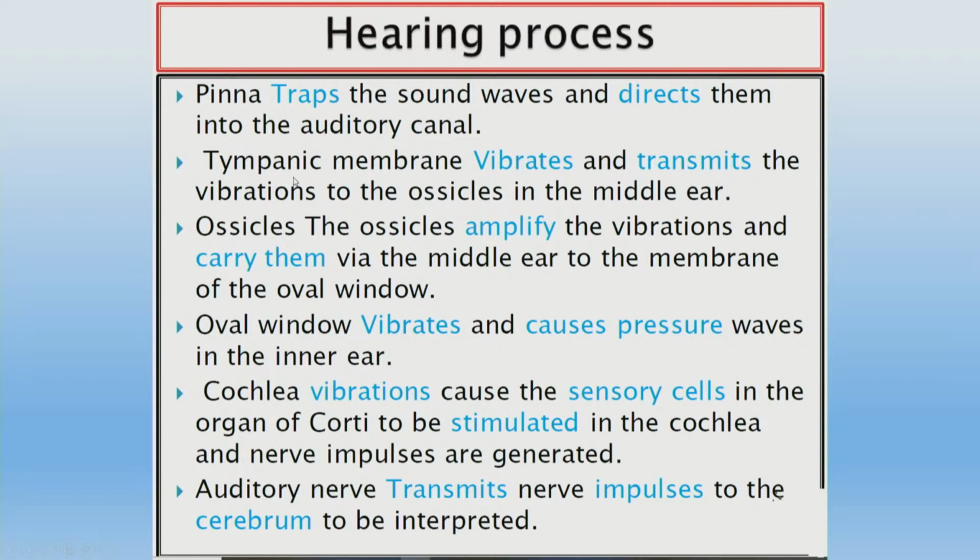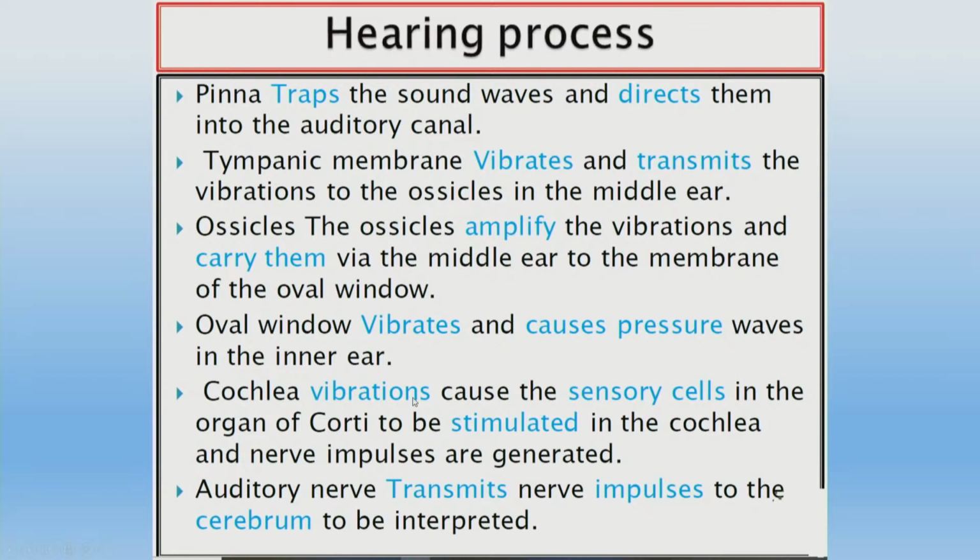After that, the tympanic membrane vibrates and transmits the vibrations to the ossicles in the middle ear. And then the ossicles amplify the vibrations and carry them via the middle ear to the membrane of the oval window. After that, the oval window will vibrate and cause pressure waves in the inner ear.